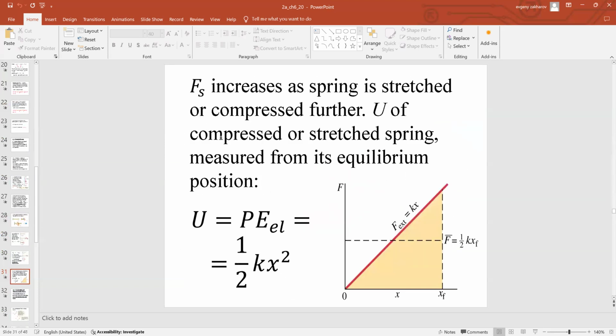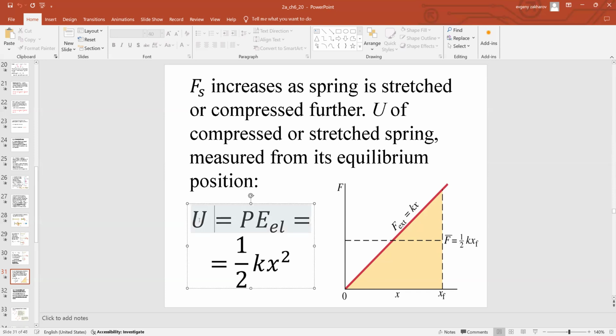For the spring force, if it's K times X, the more you stretch or compress it, the more spring force you have present. And at a calculus level class, we would just do the antiderivative, and that would be it. We don't know antiderivatives yet for this class, and we have to do the average value to simplify our calculations to be able to do calculations.